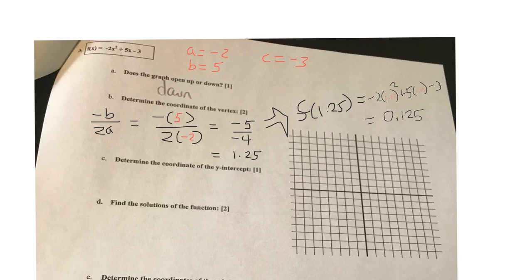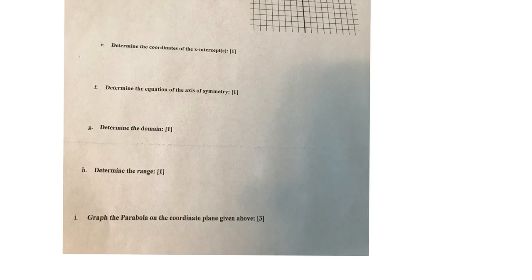So at the end of the day, the vertex is 1.25, 0.125. I don't have enough room right here, so I'm going to write the vertex down here. The vertex is (1.25, 0.125).